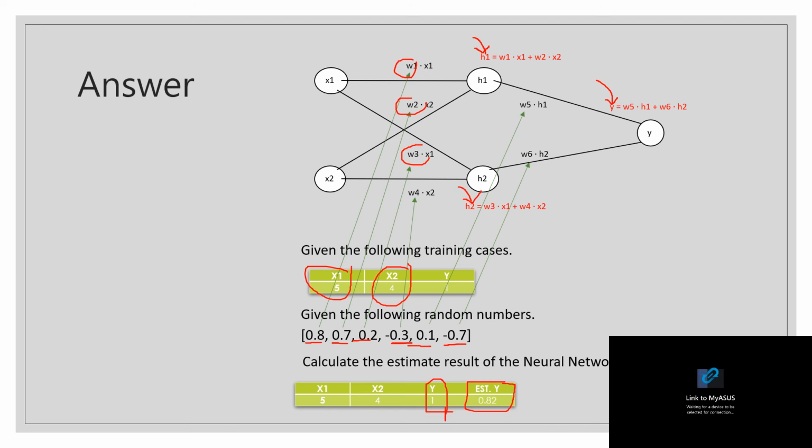The true value y is 1, and the estimated value y is 0.82, so there is an error in between. Of course there is an error, because we just put random numbers into it, so definitely the output we get is different from the real y.